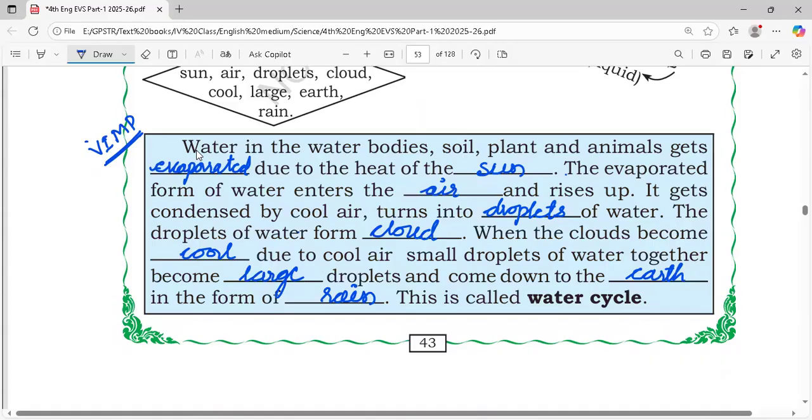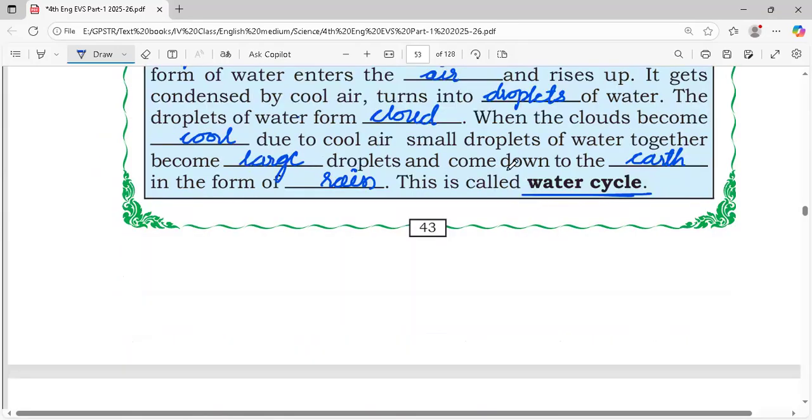The droplets of water form clouds. When the clouds become cool due to cool air, small droplets of water together become large droplets and come down to earth in the form of rain. This is called the water cycle.